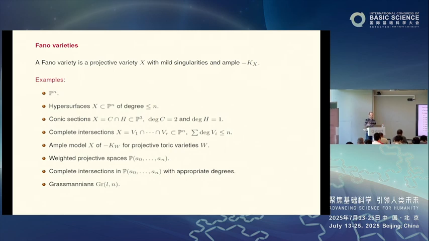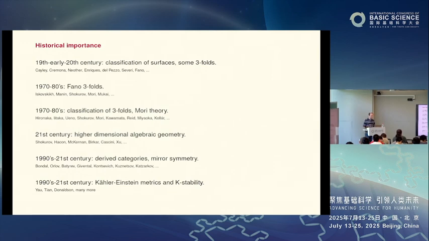Again, that gives you a lot of examples. In fact, the vast majority of examples of Fano varieties, Calabi-Yaus, and so on are constructed using this toric technology. And finally, Grassmannians also happen to be Fano varieties. So here you have a whole list that you can keep in mind when I talk about Fano varieties.